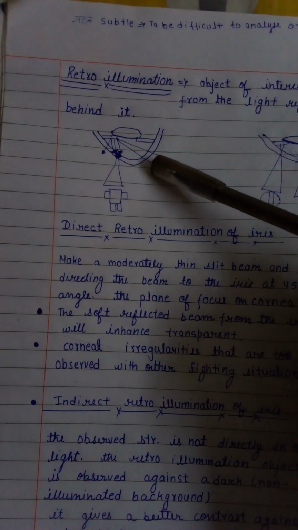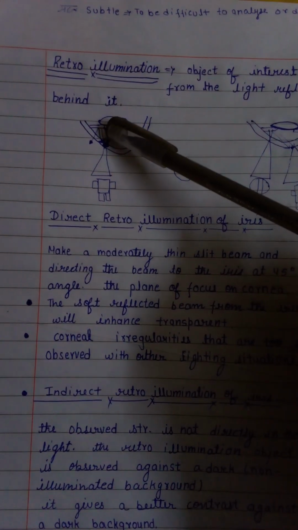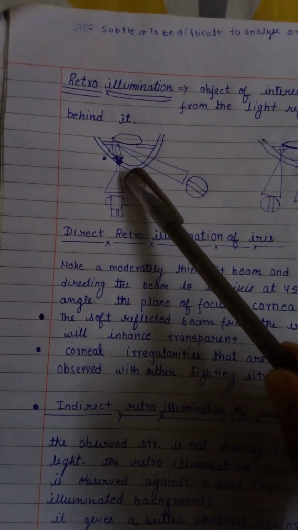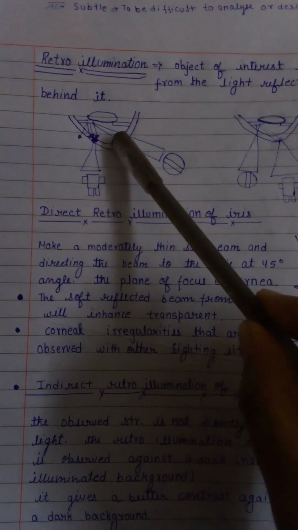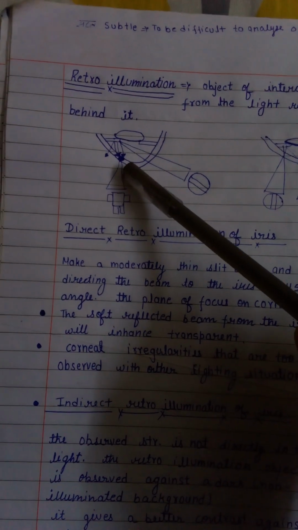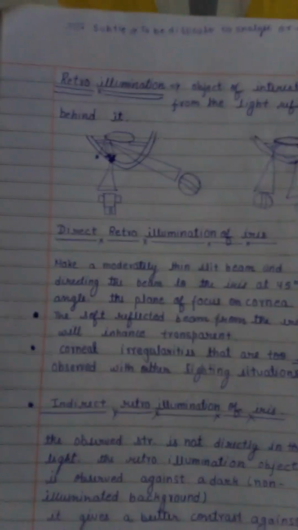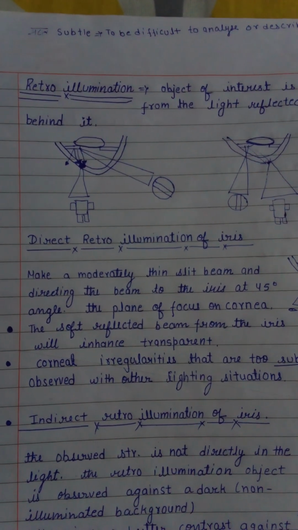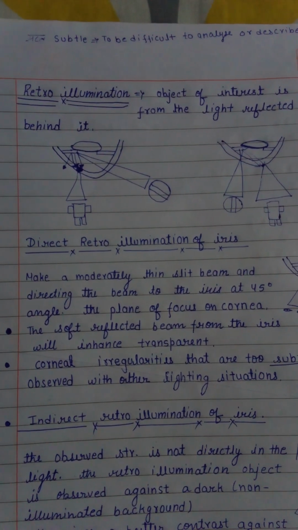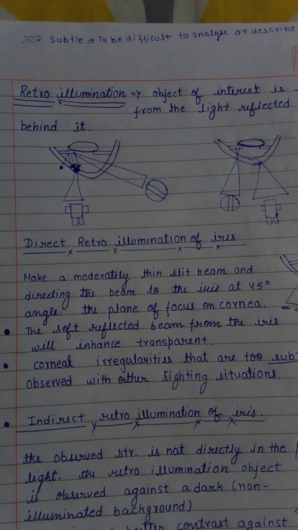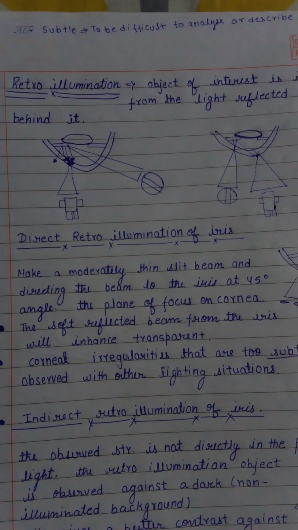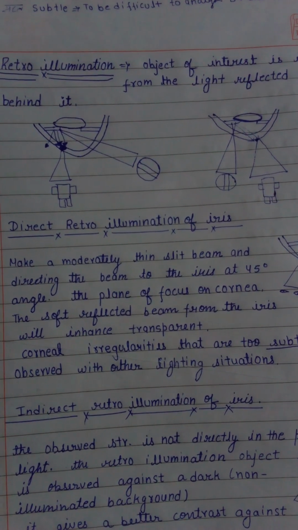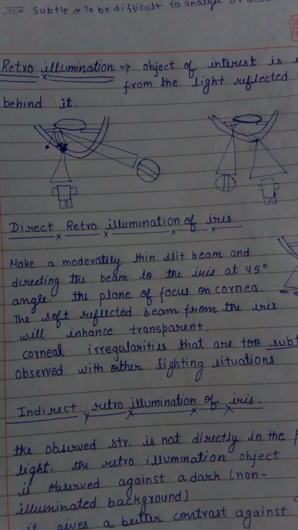We put light here, and the light is reflected from here to this, and this abnormality of the cornea is visible. We can obtain retroillumination from the iris, putting light on the iris and observing the cornea, or we can put the light on the lens and then observe the structures present on the cornea.